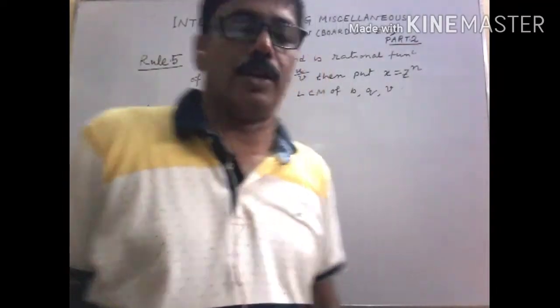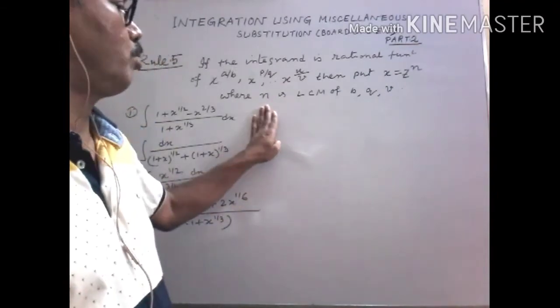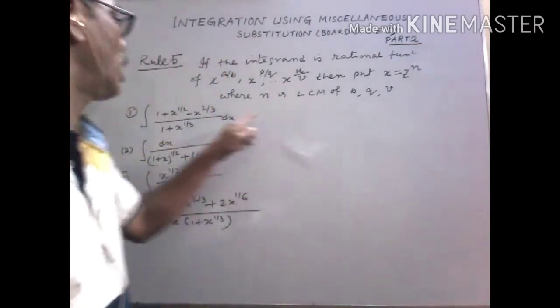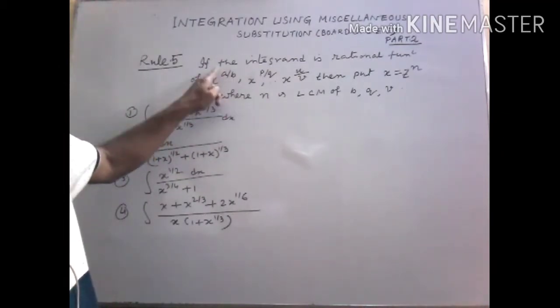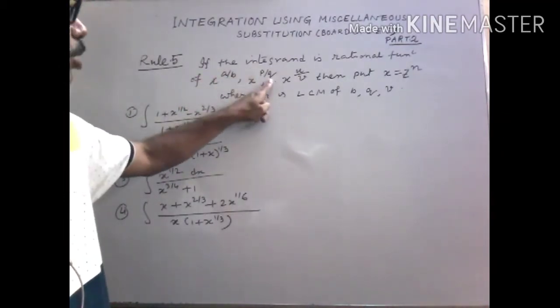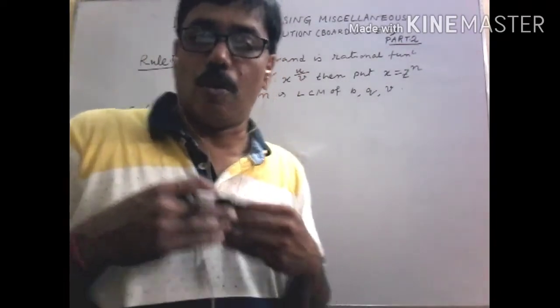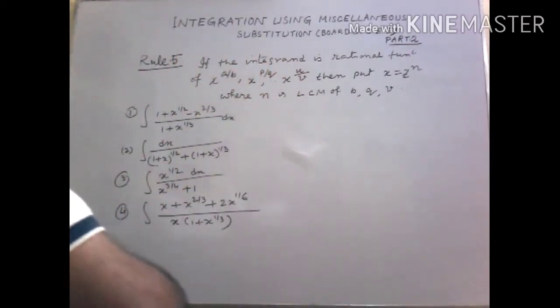So our aim will be to remove roots. This is the bth order root, this is the qth order, this is the vth order. Our main aim will be to omit the roots.